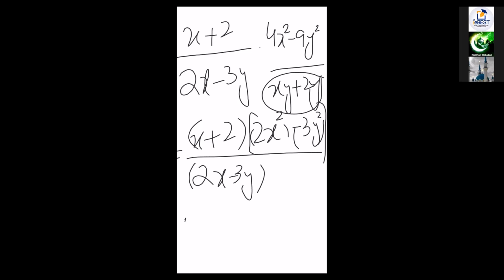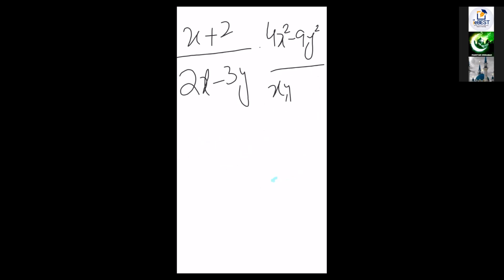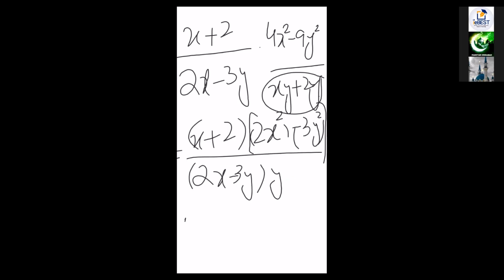Yes, the y. xy plus 2y. So you need to write it as x plus 2 into y, because see, this y and this y, you can write y on the left hand side as well. You can write it as y into x plus 2. That's done.